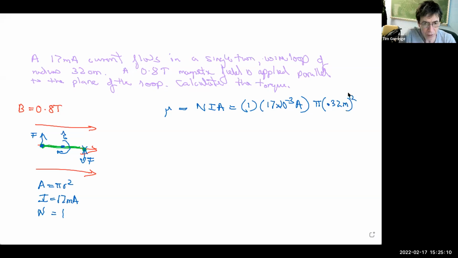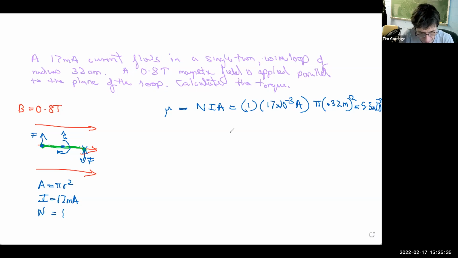If I plug all those numbers into my calculator, I've already done it, I get 5.5 times 10 to the minus 3, and the units of that are amps meters squared. So it's a product of a current in amps times an area in meters squared.